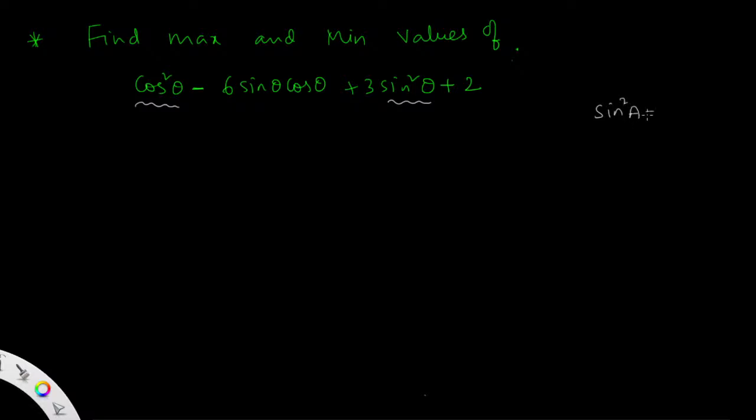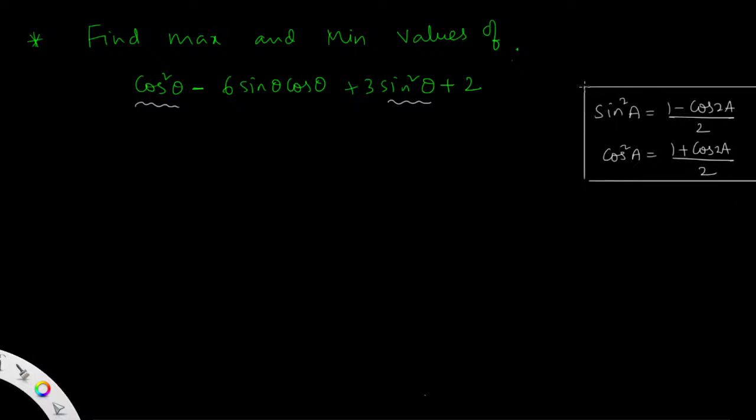Sin square a equals 1 minus cos 2a divided by 2, whereas cos square a equals 1 plus cos 2a divided by 2. These are the basic formulas from the cos 2a formula.